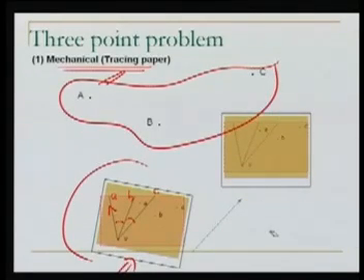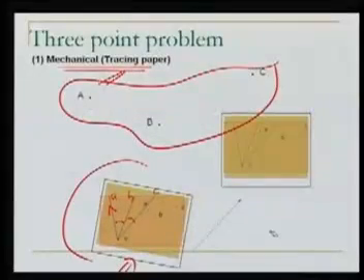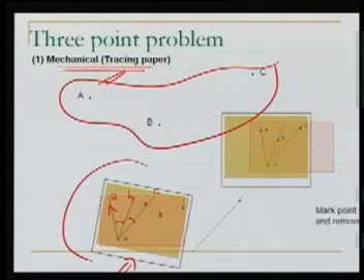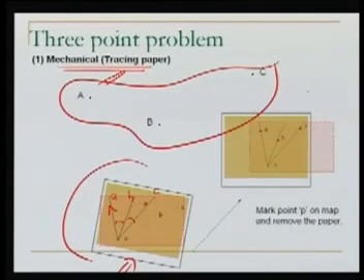We rotate our tracing sheet, or we shift it here and there in such a way that these three resectors, the resector here, here and here, pass through their corresponding points. This point is A, this point is B and this point is C, which are plotted on the sheet. So just by shifting, it was achieved in this case.